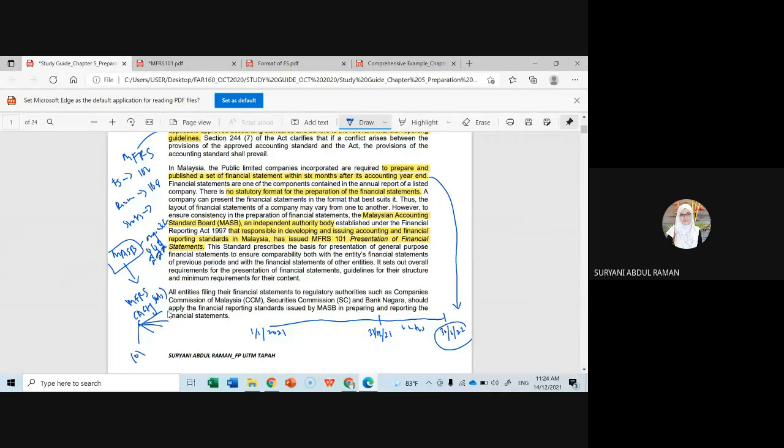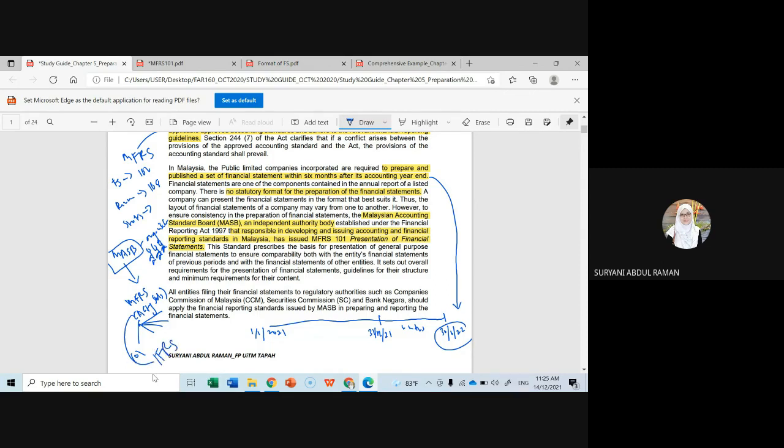So to ensure the consistency, the MASB is responsible to issue the accounting standard, that is 101, presentation of financial statement, so that there will be a proper guideline for the company to follow in preparing their financial statement.